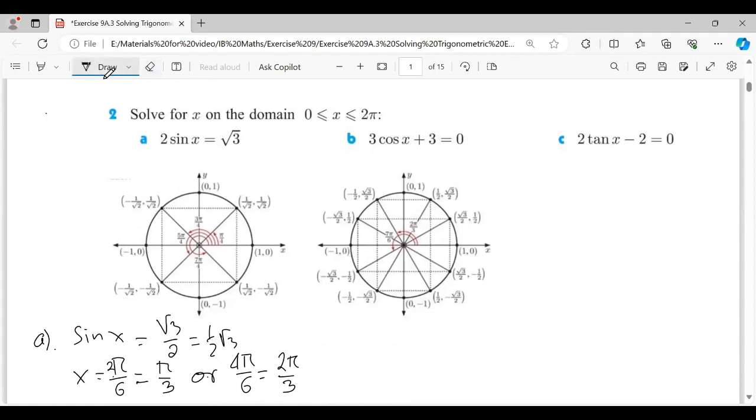The same values are this one and this one. So pi over 4, and 5 pi over 4.